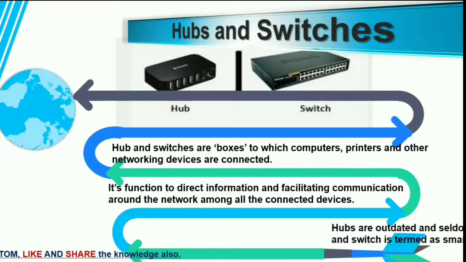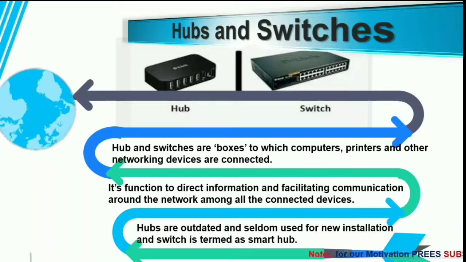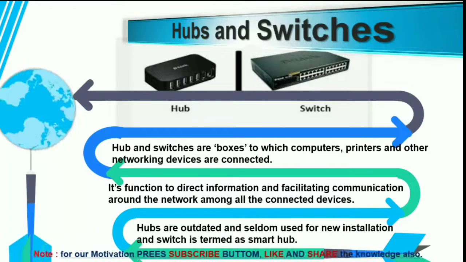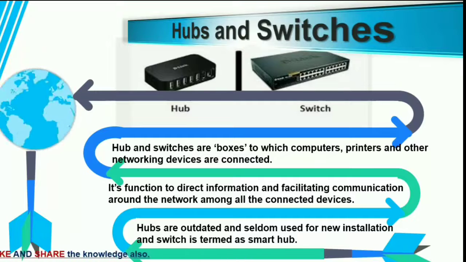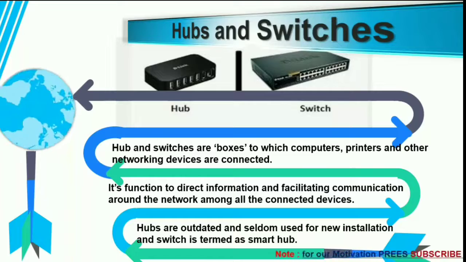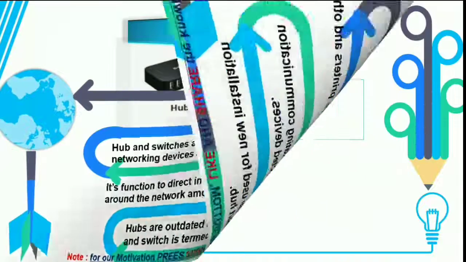Hubs and switches are boxes to which printers and other network devices are connected. They function to direct information and facilitate communication around the network among all the connected devices. Hubs are outdated and seldom used for new installations, and a switch is termed a smart hub.